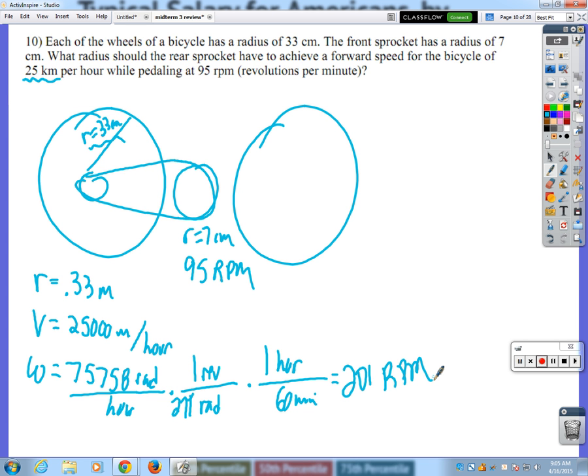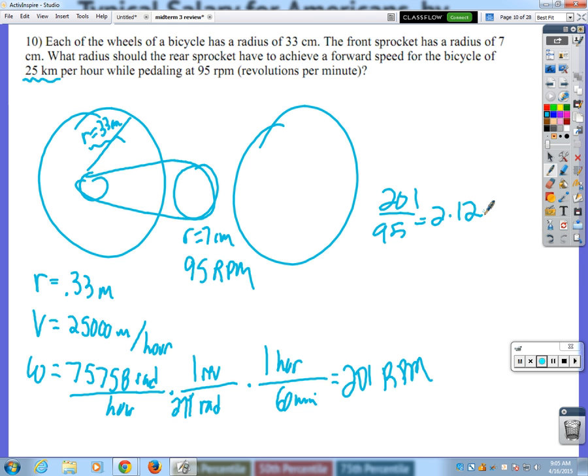Okay, so how many times faster is this one than that one? 2.12 times faster. Okay. So that means that this sprocket has to be 2.12 times smaller.